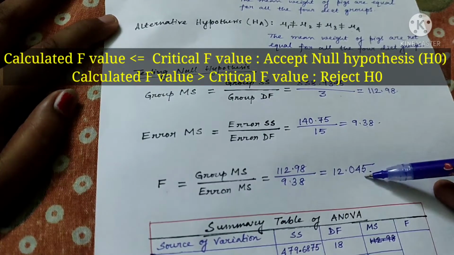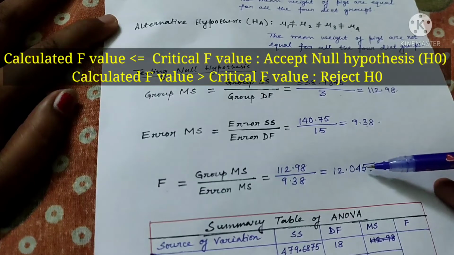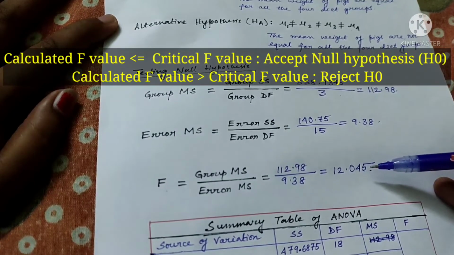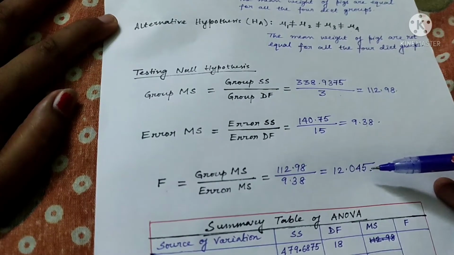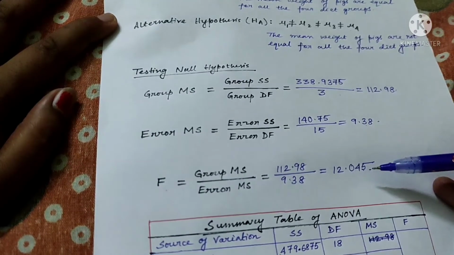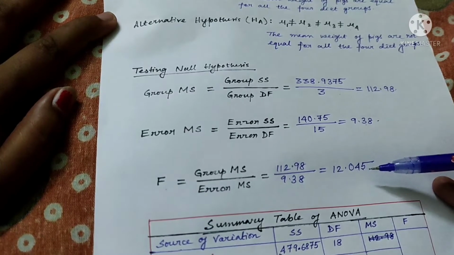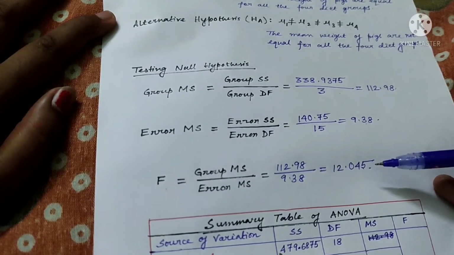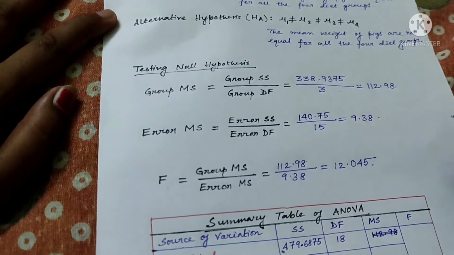And if your calculated F value is greater than your critical F value or table F value, then the problem is not going with the null hypothesis, it is accepting the alternative hypothesis. Okay, this is the main thing behind this ANOVA.